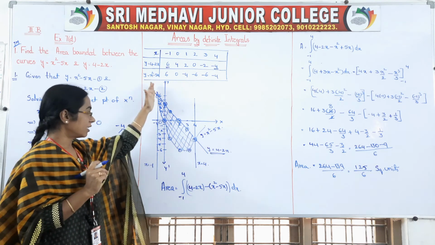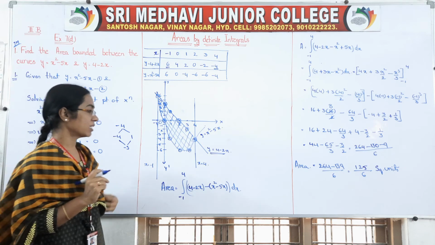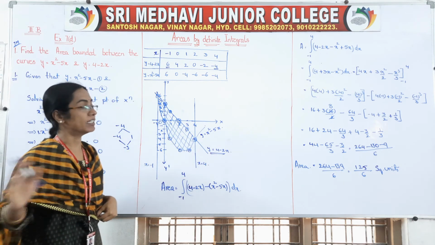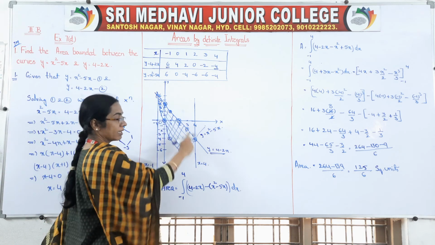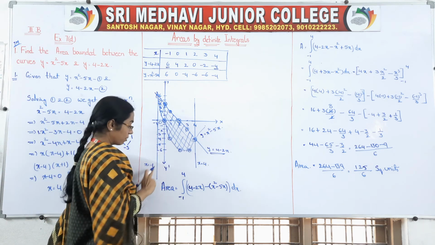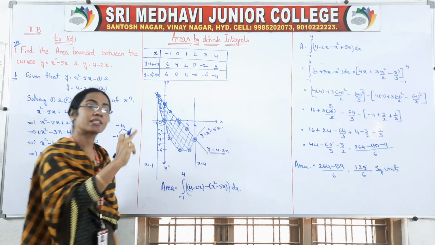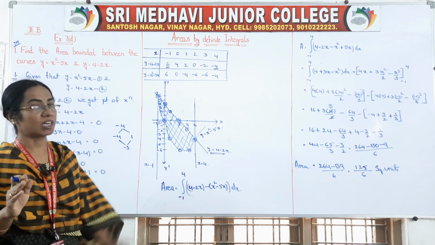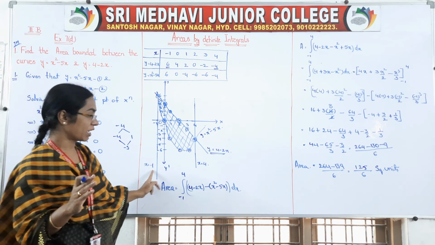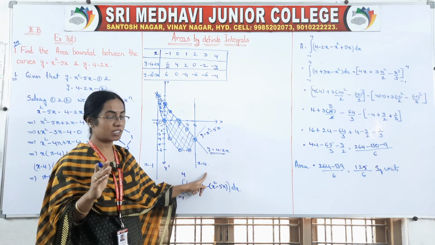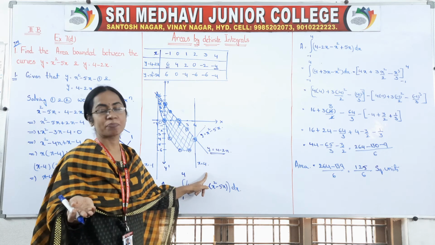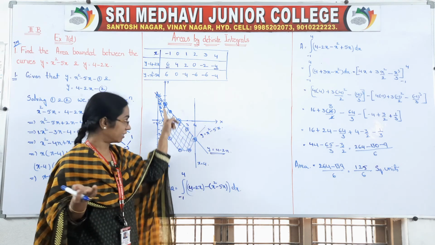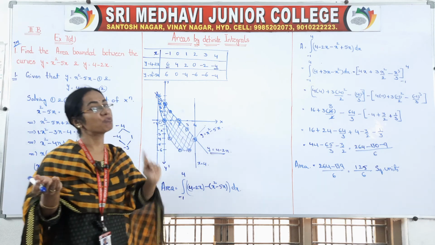And draw the lines x is equal to -1 and x is equal to 4. Why? We have to find the area covered by the line and the curve from x is equal to -1 to x is equal to 4. These are nothing but lines parallel to the y axis. Then shade the area. This area we have to find now.